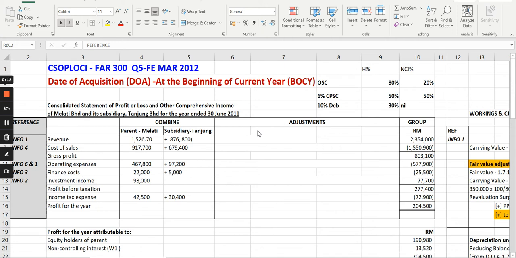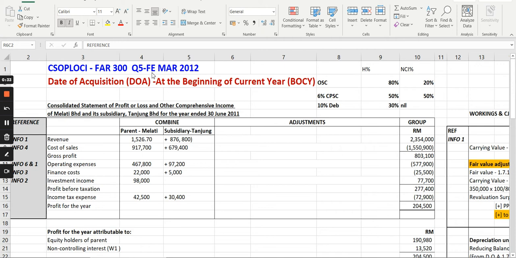And today we are going to continue doing our preparation of a consolidated statement of profit or loss and other comprehensive income using question FAR300, which is the old code for FAR320, question 5. I'm taking the final exam question March 2012.